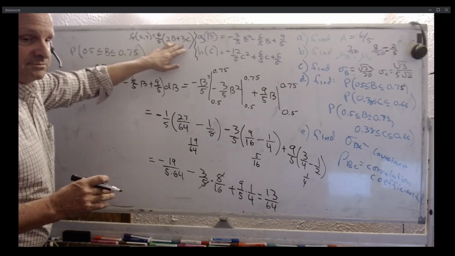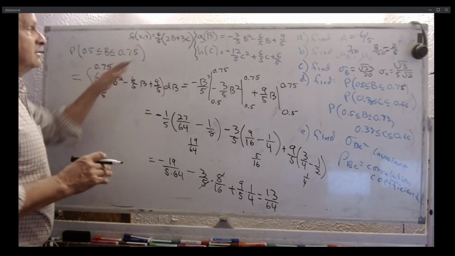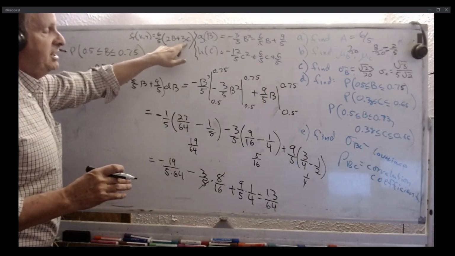Remember that? B was cookie bits and C was caramel.